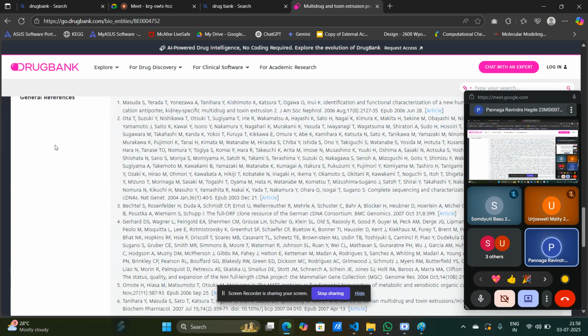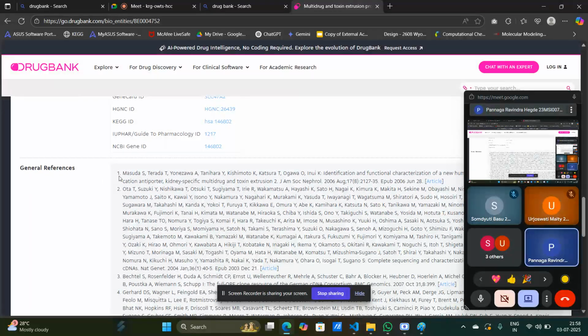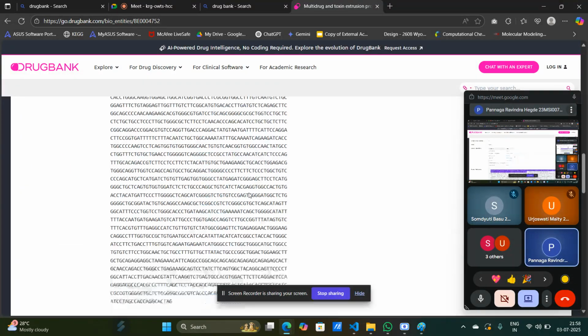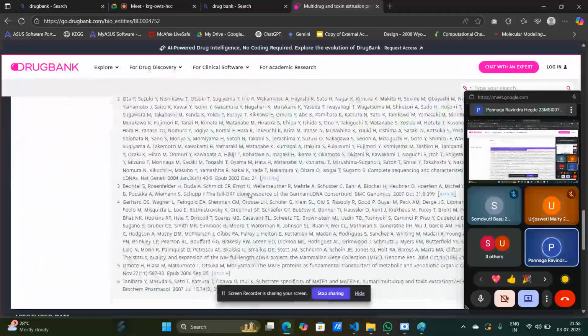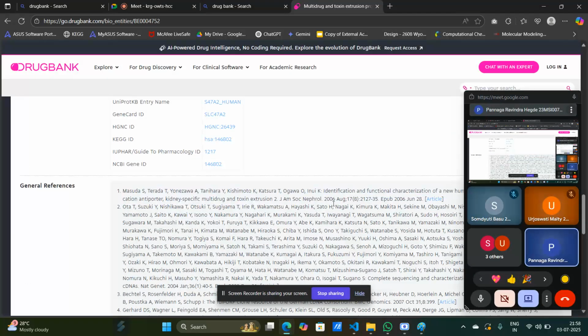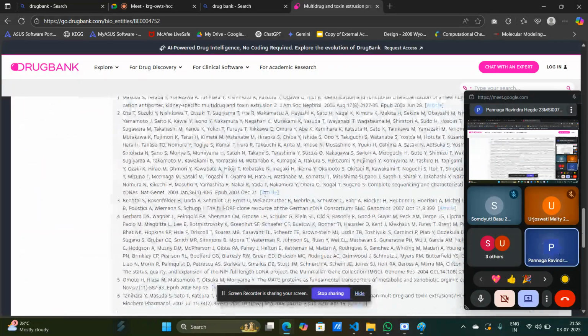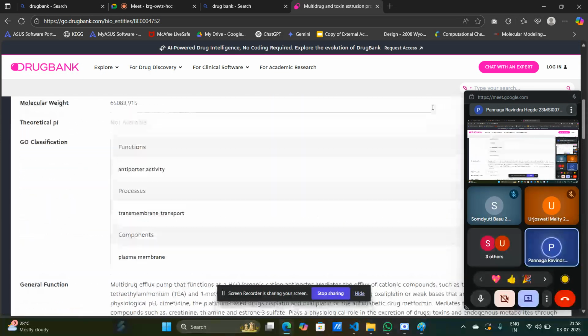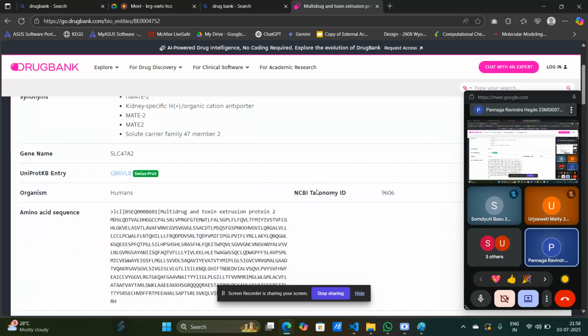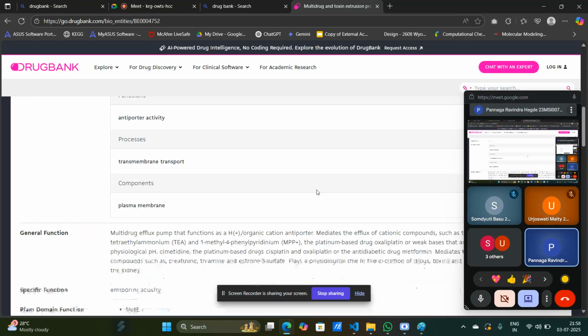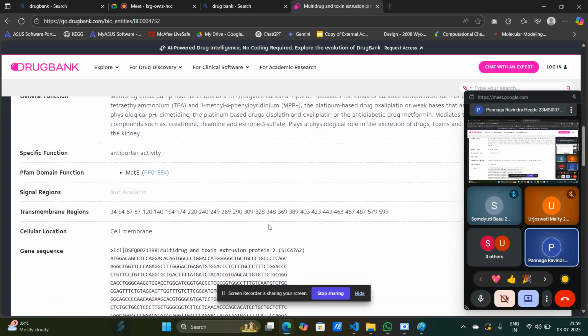Then you also have general references, basically the papers that support this protein, either its existence or any function of the protein. You also have the links here, which are clickable. You can go into these links and try reading the papers. Did you guys understand whatever I explained so far?